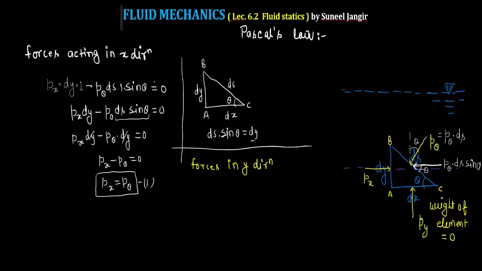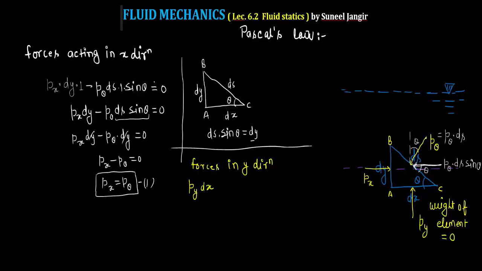So first we have Py, the pressure intensity, and the area of this plane is dx into 1, so simply this is dx. It acts in the positive y direction, so we can write Py dx.